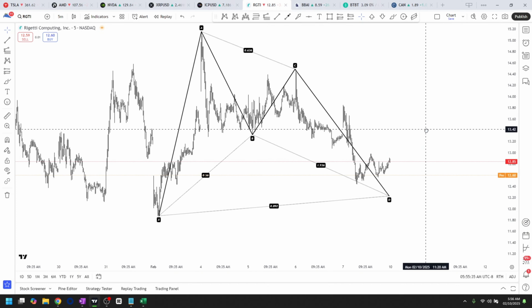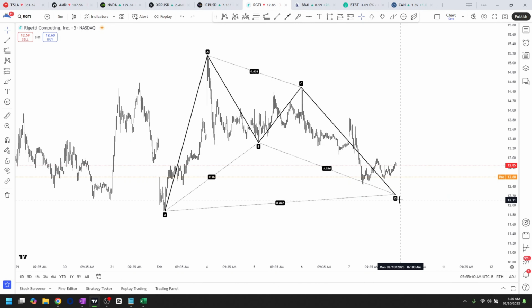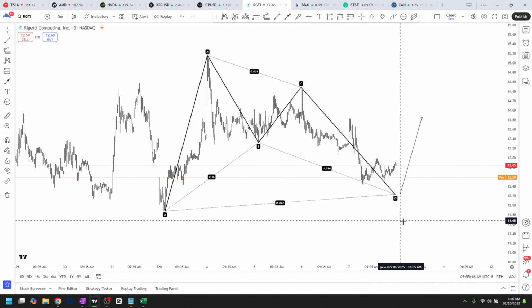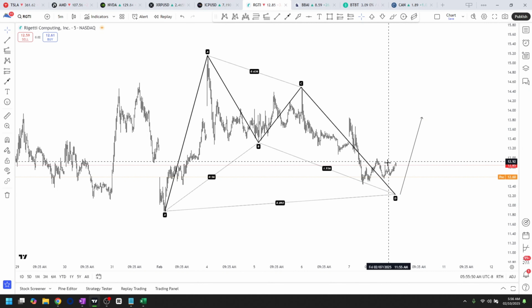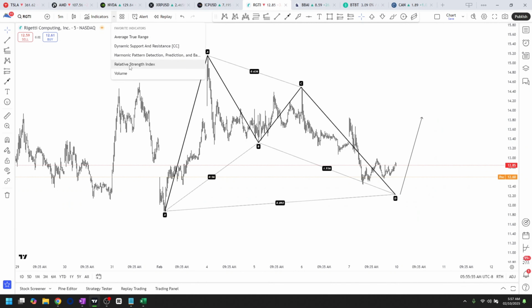This is Rigetti. This is Rigetti's Gartley pattern. We need him to come down to basically $12.23. Other than that, I wouldn't touch it. If he goes on a rally and wins, okay, fine.